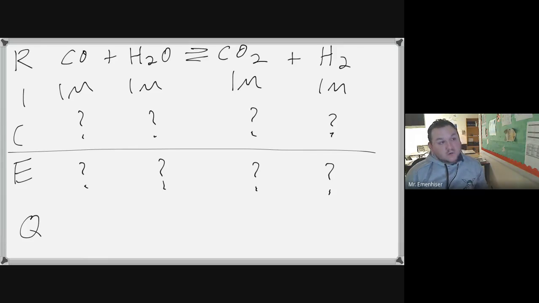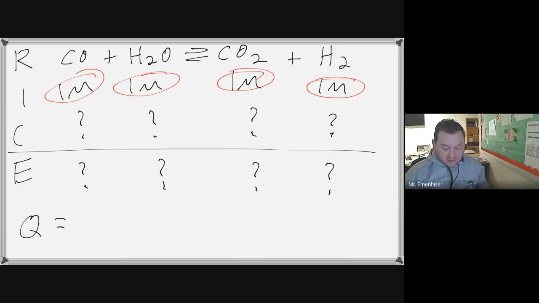Q is the reaction quotient. It is the same thing as the equilibrium constant expression, but it's written in terms of initial conditions. So we're going to use these guys. It's the only thing we know. So it's equal to the concentration of CO2 times H2 over CO times H2O. And you can check this equation's balanced.